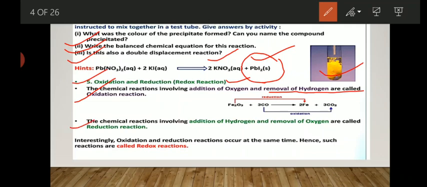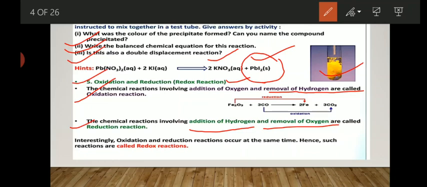Similarly, the chemical reaction involving addition of hydrogen and removal of oxygen is called a reduction reaction. Oxidation and reduction are just opposite of each other. In oxidation, oxygen is added, and if oxygen is not present, then hydrogen is removed. In reduction, hydrogen is added, and if hydrogen is not present in the reaction, then we will see the removal of oxygen.